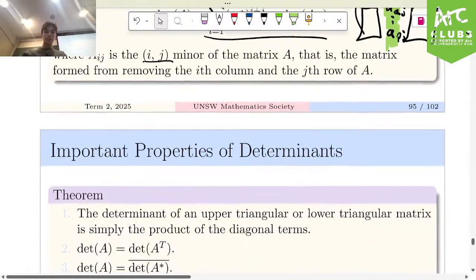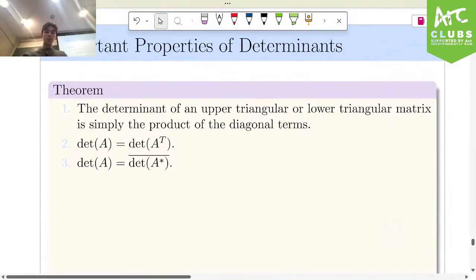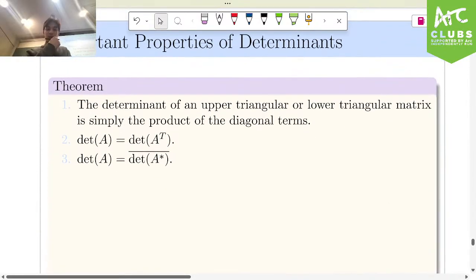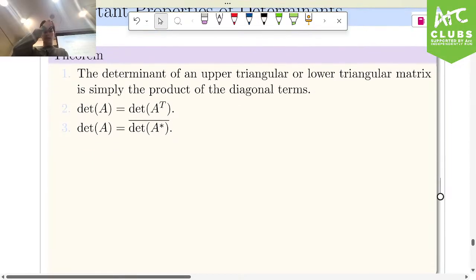Hopefully that makes sense. Okay, finally some properties of determinants. So first three properties: the determinant of an upper triangular or lower triangular matrix is simply the product of the diagonal terms. We should know that from first year. The determinant of a matrix is equal to the determinant of its transpose.